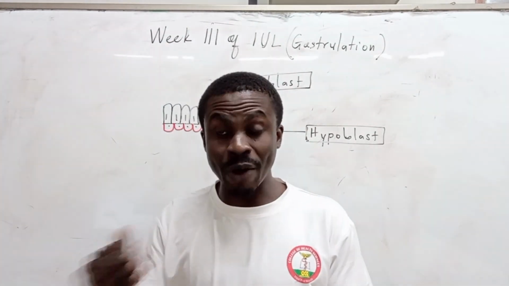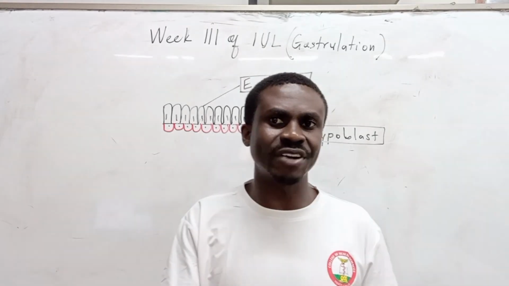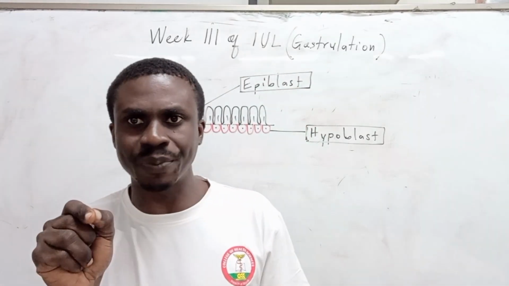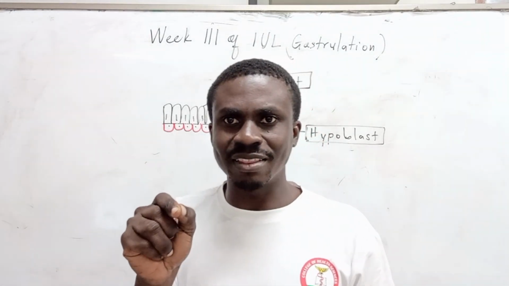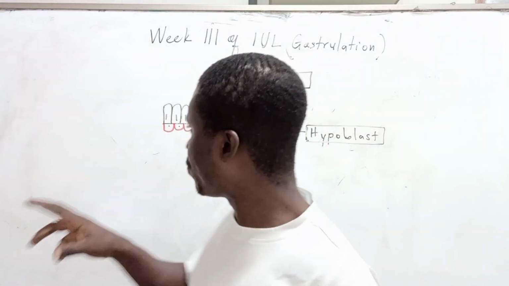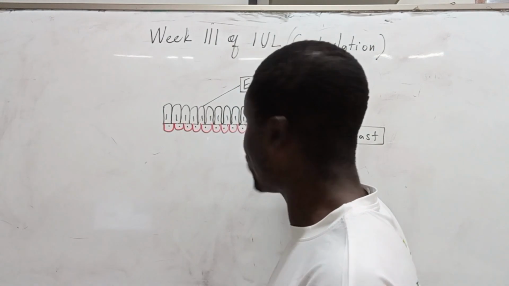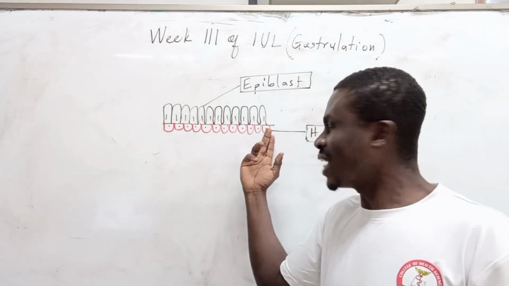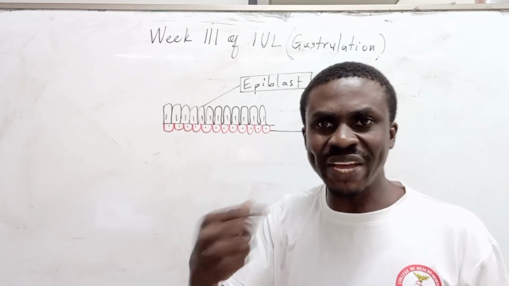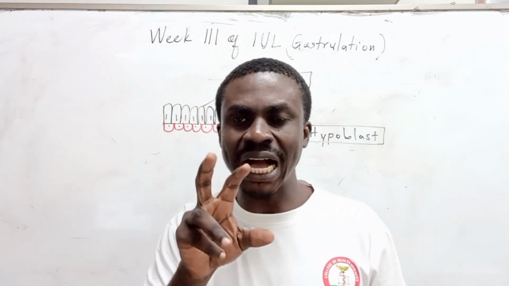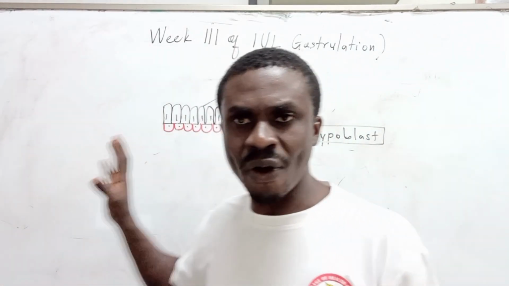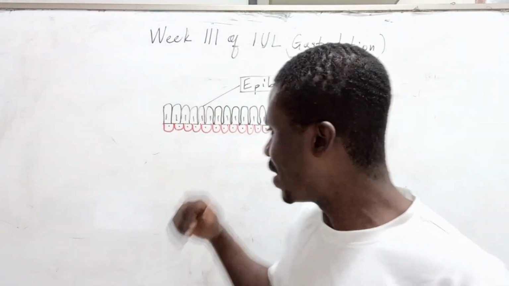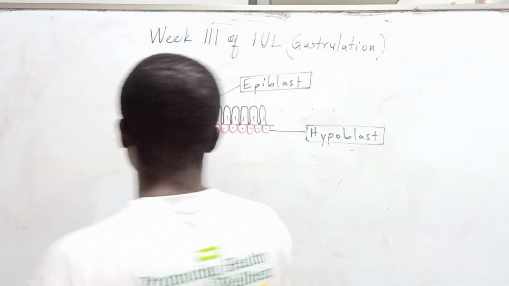Now, something interesting happens. Once we move away from the second week of intrauterine life, just entering the third week, some of the cells of the hypoblast at one end, it could be at this end or the other end, get converted to become columnar. From the cells which we expect to be cuboidal, now they become columnar cells.